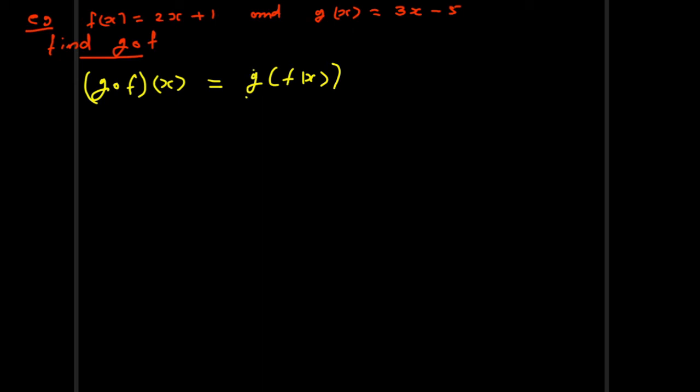So you first write the outer function. What is the outer function here? g of x equal to 3x minus 5.